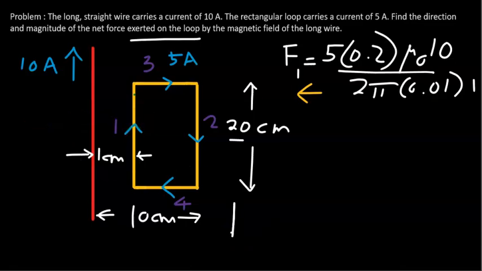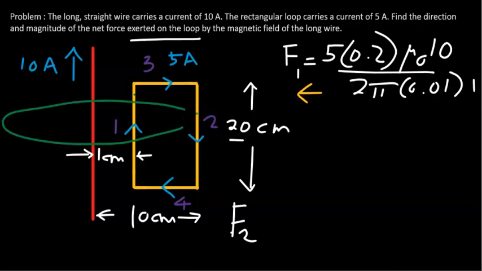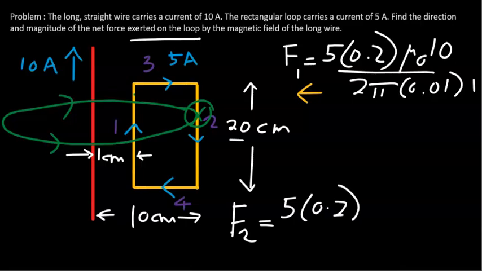Finally, side 2, that's that side right there. Note the magnetic field, due to current 10 amperes, going like that. And at side 2, it's going into the board again. The magnitude of it is given by: the current is 5 ampere. The length of side 2 is 0.2 meter.